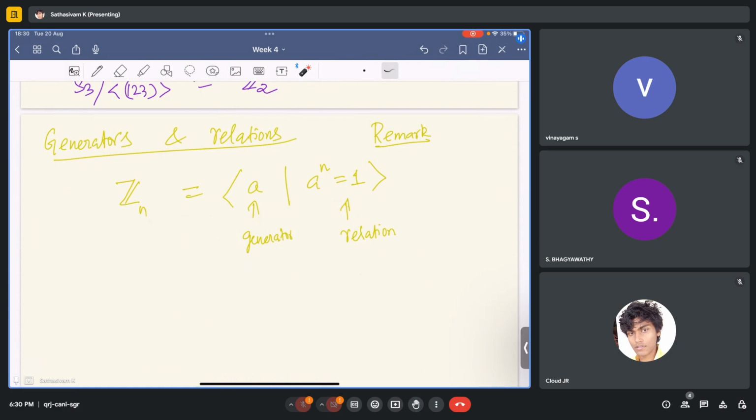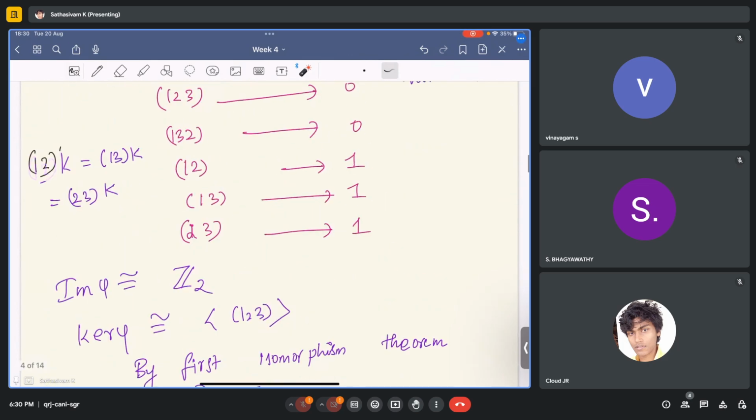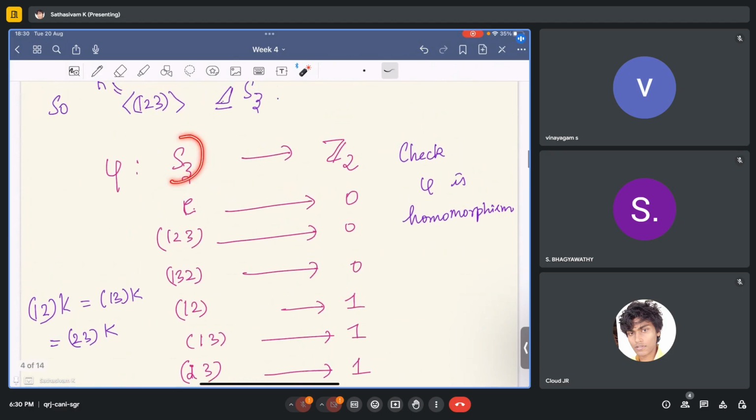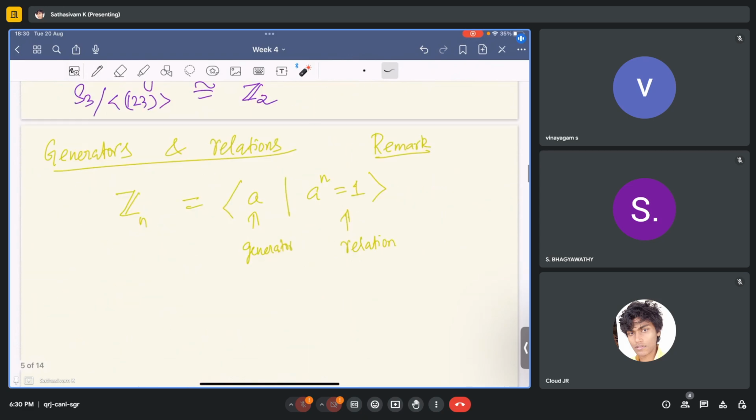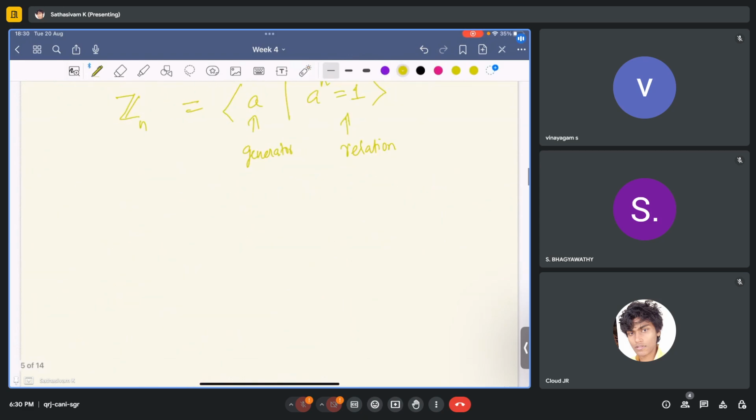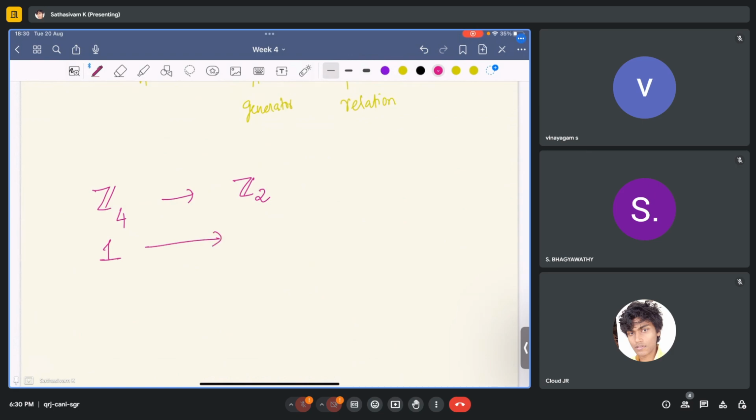And once you have a generator and relation, which every group has, if you want to give a homomorphism, it's enough to give it on the generators, and you just have to prove that the relations are satisfied. Here is a little example. If you want to give a map from, let's say, Z4 to Z2, it is enough to give a map from the generator, which is 1 here, to anything.